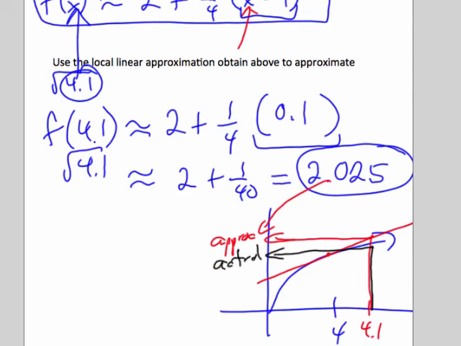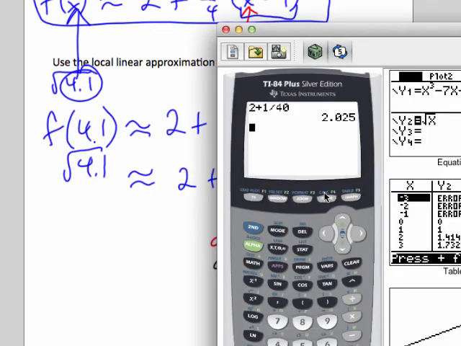So I can see that the actual value of the square root of 4.1 is a little bit less than the approximation. But if you go to your calculator and type it in to see how the two compare, they are pretty close to one another. And this approximation is close to the actual value, keeping in mind the decimal goes on endlessly, so this is an approximation too. But the approximations are close because the change in x was small. Delta x was only 0.1.